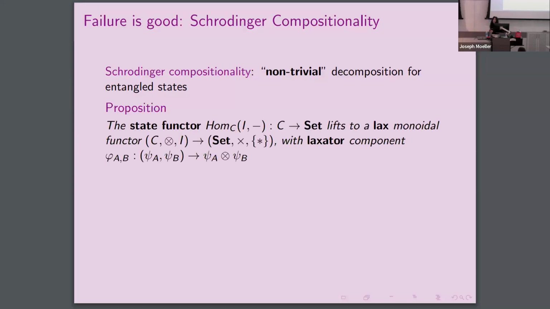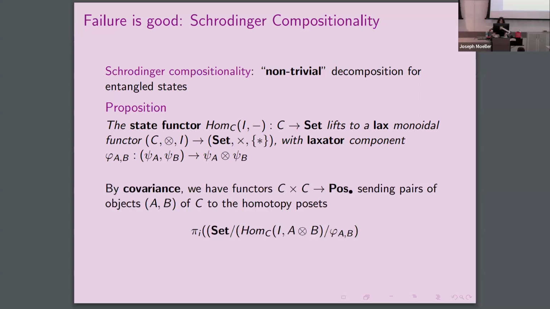And given any monoidal category, you can define the state functor, which sends every object of C to a state on that object, which is just a morphism from the monoidal unit to that object. And this actually preserves monoidal structure. So it lifts to a lax monoidal functor. The laxator component sends every couple of states to their tensor product.